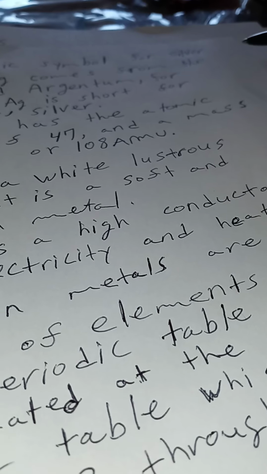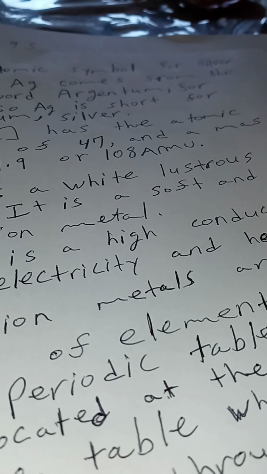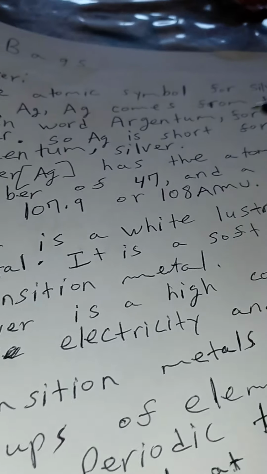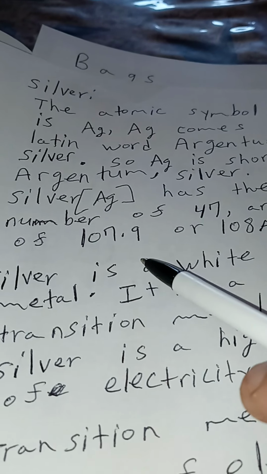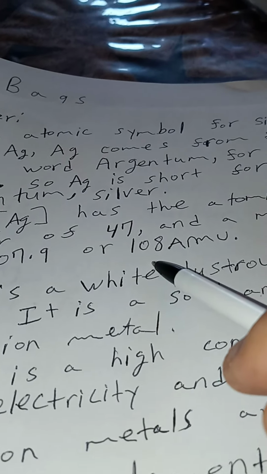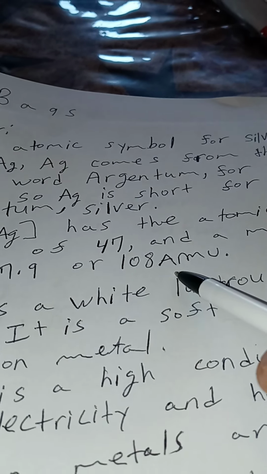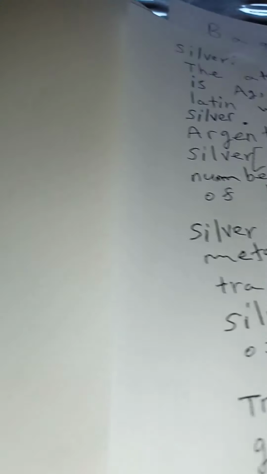Silver has the atomic number of 47 and an atomic mass of 107.9, or if you want to round it off, 108 AMU, atomic mass units.